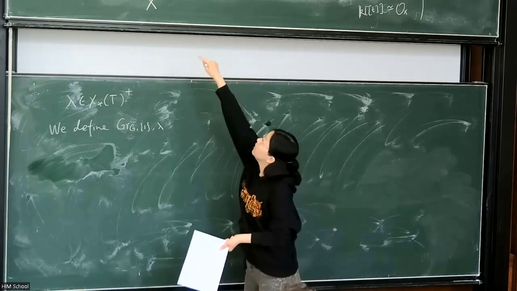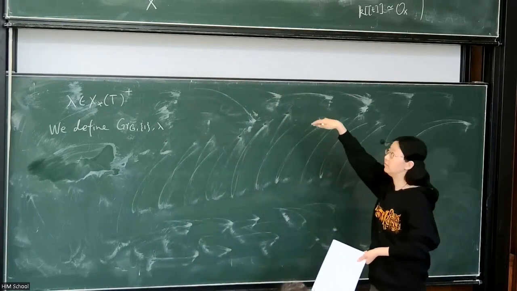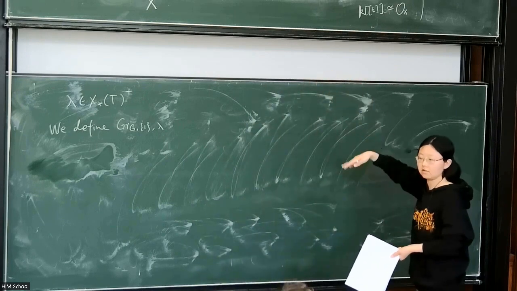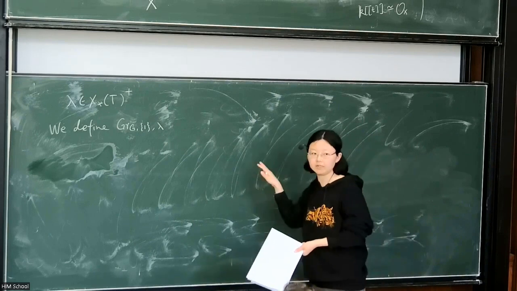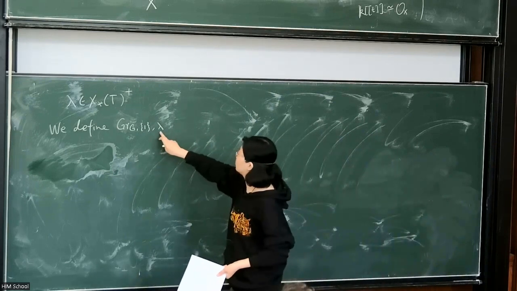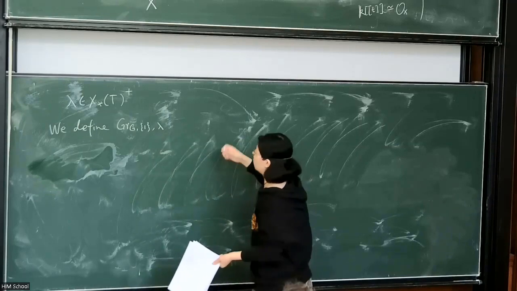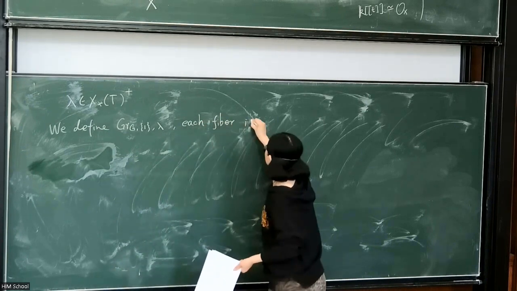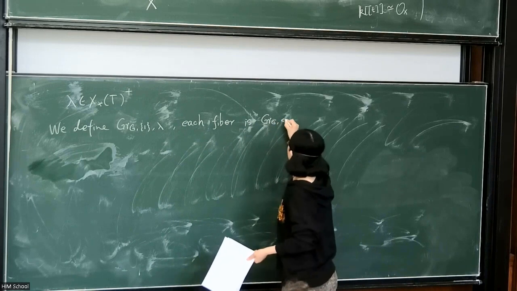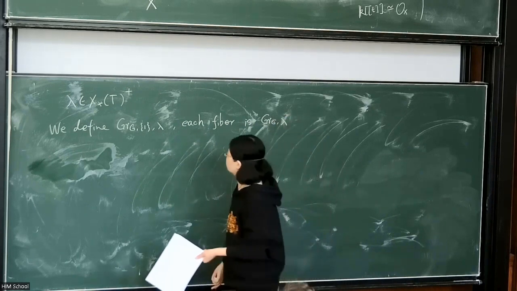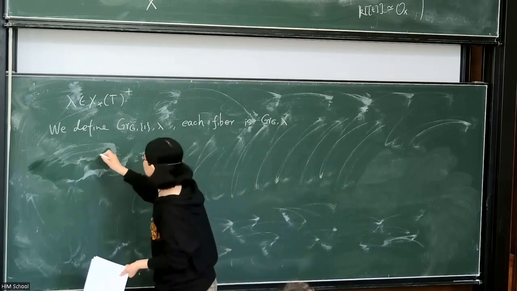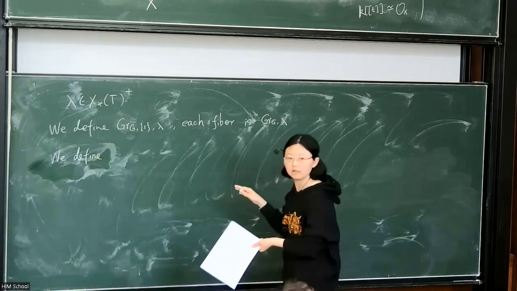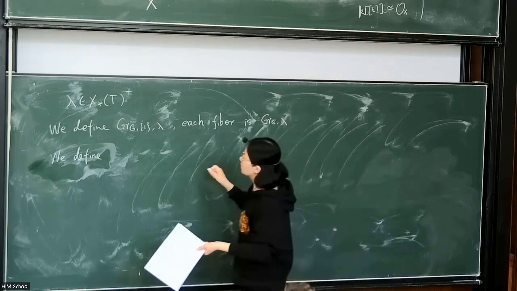Yes, in fact, this is a fibration over X. When the fiber is the Grassmannian, and when the torsor, it's a torsor of automorphisms of the formal disk, so we can define this condition.